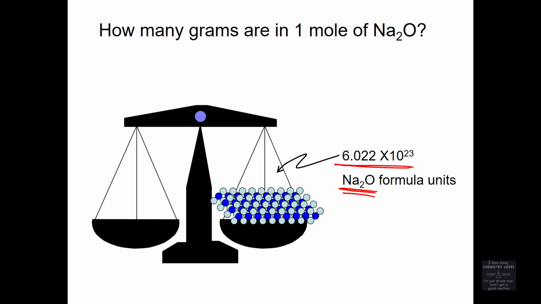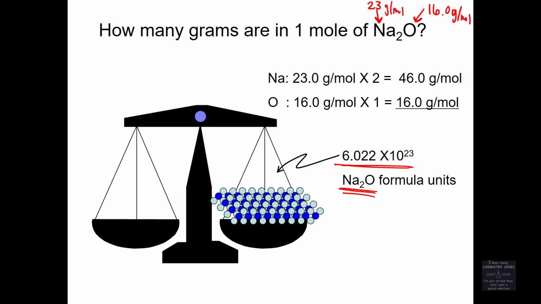So sodium oxide is composed of sodium and oxygen. We need to sum up the mass of these. Sodium on the periodic table is a mass of 23 grams per mole. And oxygen on the periodic table is a mass of 16 grams per mole. So we take our sodium mass from the periodic table, multiply it by 2 because every sodium oxide contributes 2 sodiums to the mix.